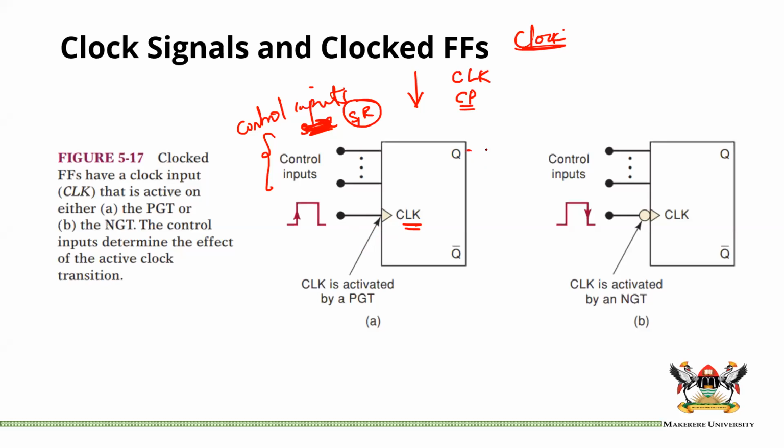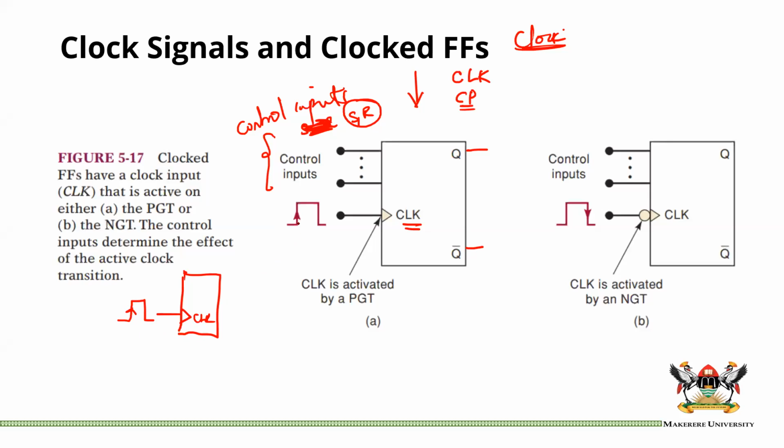We still have our two inputs, and two outputs, the normal output and the inverted output, and then we have a clock. So we draw the clock like this. If you have your flip-flop like this, we can draw the clock like this, so that is a clock. You can write it outside, it doesn't matter. Usually we draw the clock like that. So if you see a clock with an arrow there, I don't need to tell you that this is a PGT.